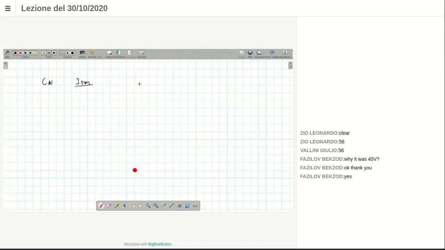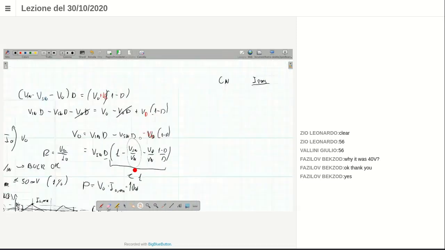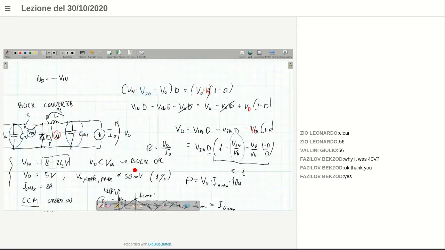How to calculate the RMS current flowing through the capacitor?